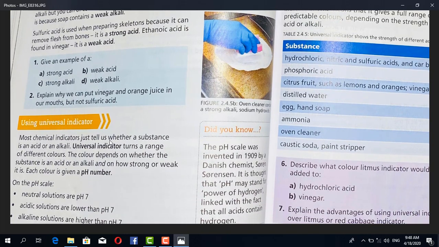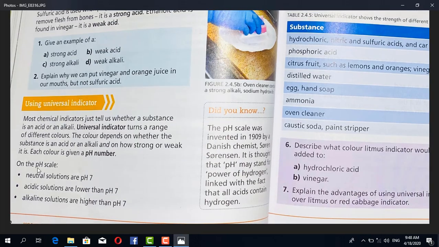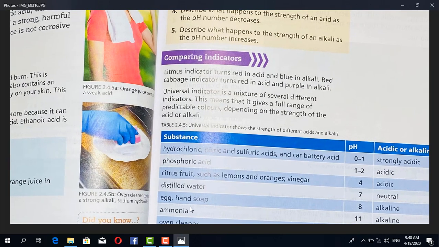Most chemical indicators just tell us whether a substance is an acid or an alkali. Universal indicators turn a range of different colors. The color depends on whether the substance is an acid or an alkali and how strong or weak it is. As we said previously, neutral solutions have a pH around 7. Acidic solutions are less than 7, whereas alkalis are above 7.